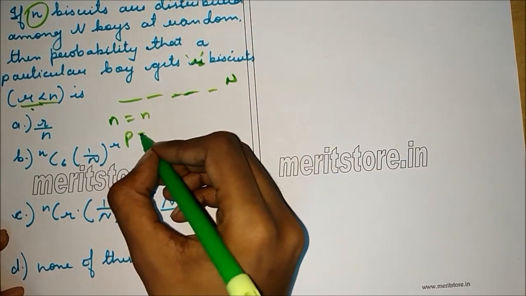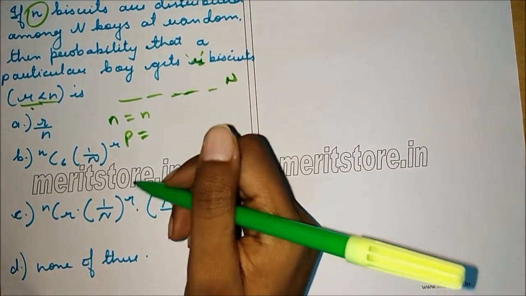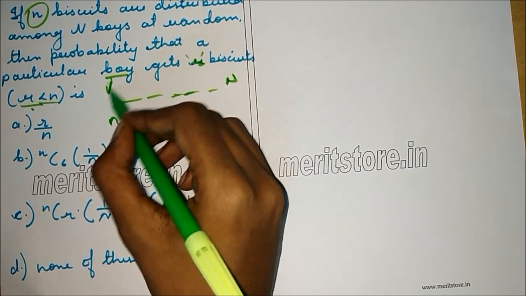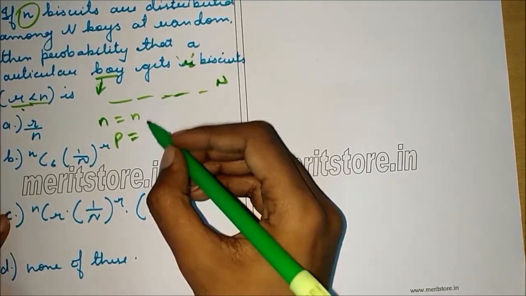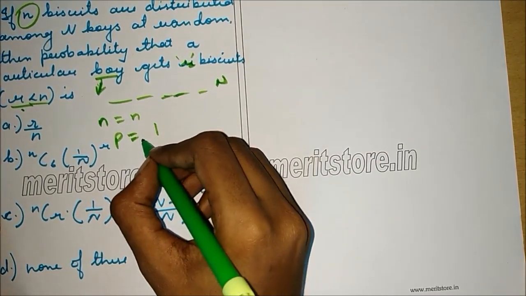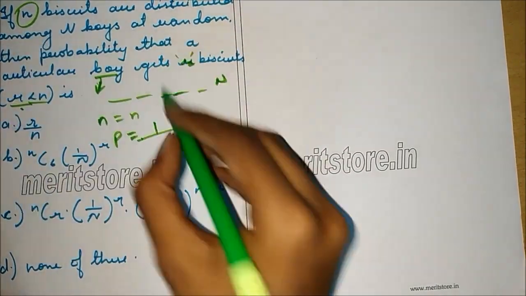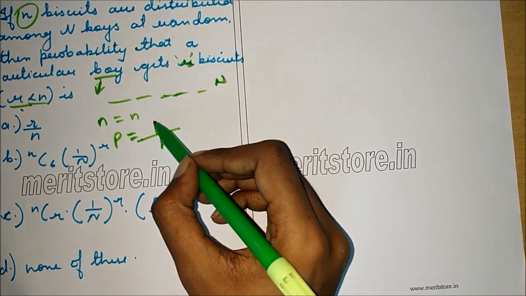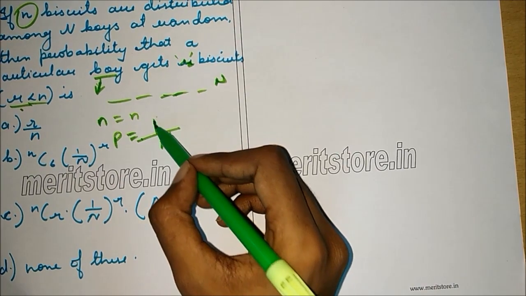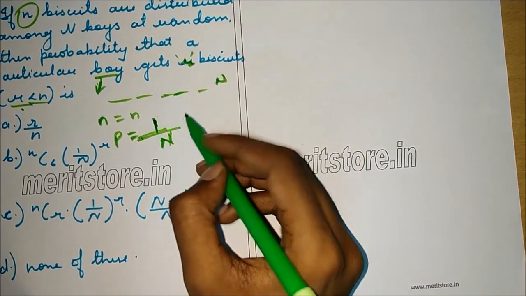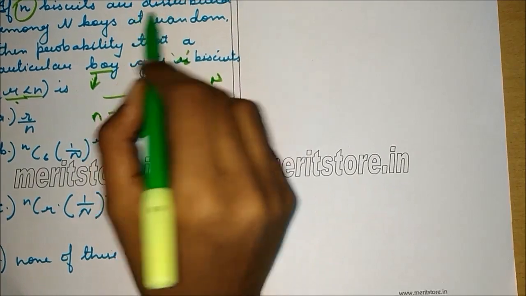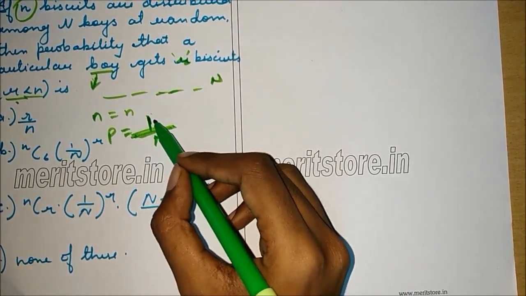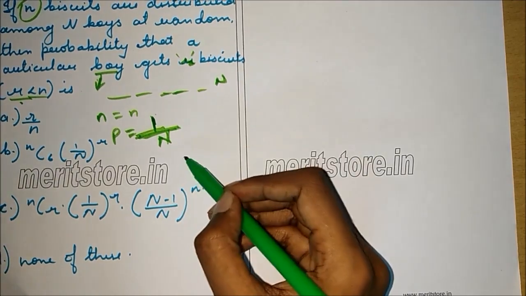Probability that a boy gets a biscuit: now we are checking one boy, so it is one boy divided by the total number of boys. So the probability that a boy will get a biscuit is 1 by n, since he will be getting a biscuit among n boys.